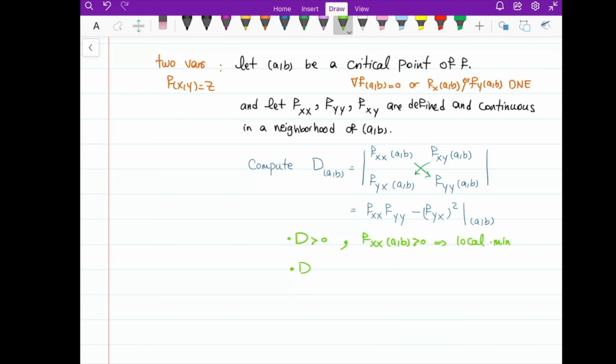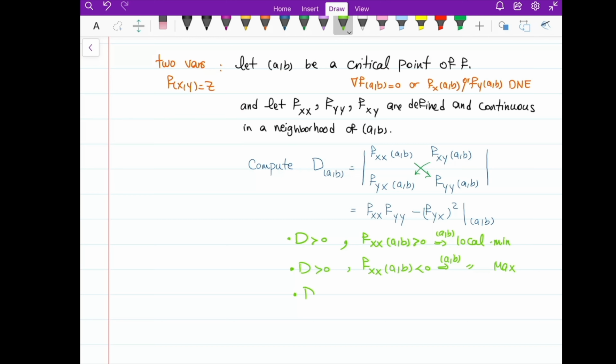Now if D is positive and f of xx at the point A, B is negative, then we have a local max at the point A, B. So A, B is a local min, or A, B is a local max.